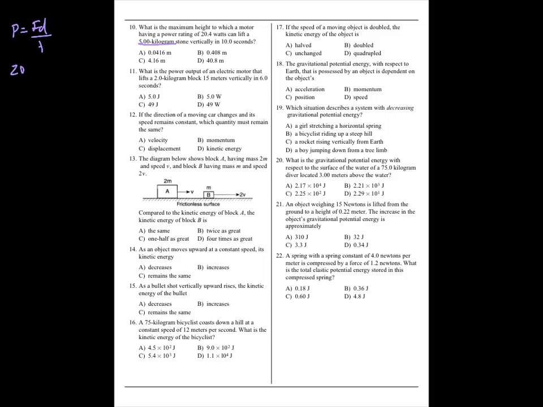So you have 20.4 equals 5 times 9.81 times D over 10 seconds. If you solve for D, you should get about 4.16 meters. Yeah, that makes sense, because I just did that in my head.